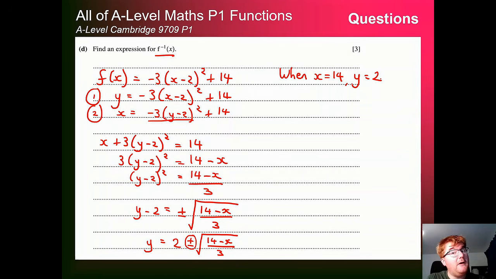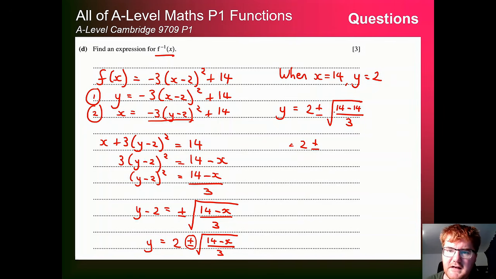Inputs become outputs, outputs become inputs. So if we pop this in, then we're going to get y is equal to 2 plus or minus the square root of (14 minus 14) over 3. So that gives us then 2 plus or minus, it's going to give us the square root of 0, which is just 0. So that gives us y is equal to 2.